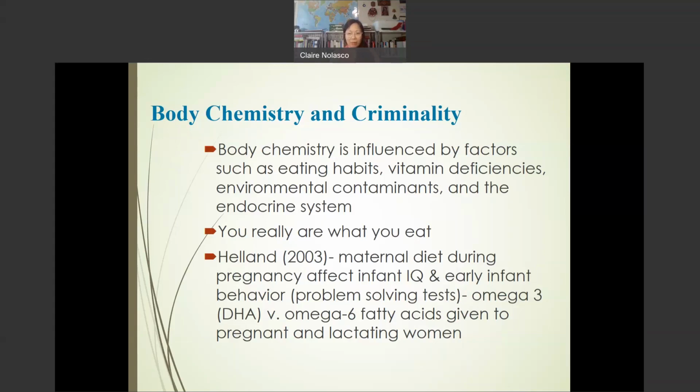She found that the lactating women who were given omega 3 DHA had offspring who had higher IQ and who performed better in problem solving tests compared to women who were given the omega 6 fatty acids. So apparently from the study, omega 3 DHA is better than omega 6 fatty acids.